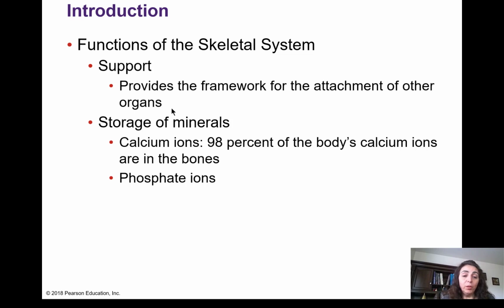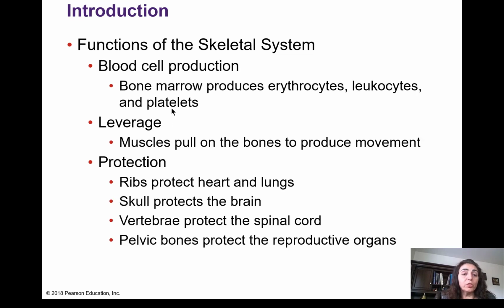Besides calcium ion, for example, phosphate ion is another ion that is stored in the bone. The other functions of the skeletal system: blood cell production. It might be surprising, right? You may think that the blood cells belong to the blood, and blood is part of the cardiovascular system, therefore the production of them should be part of the cardiovascular system.